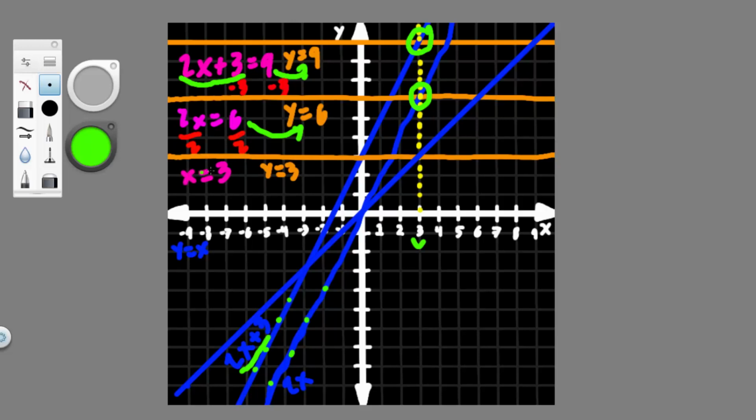Now we're left with x equals 3. If we graph the right side, that is y equals 3. If we graph the left side, the x, this is literally just y equals x. And it intersects once again at x equals 3. That is the solution to our equation.